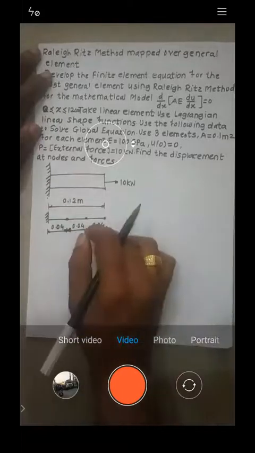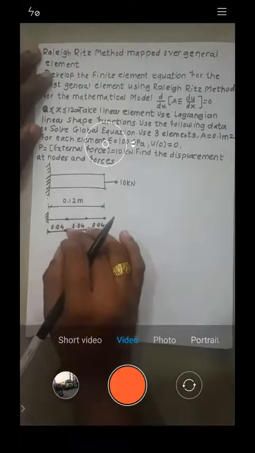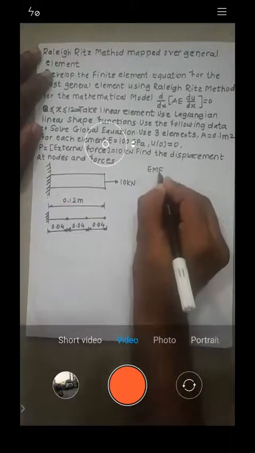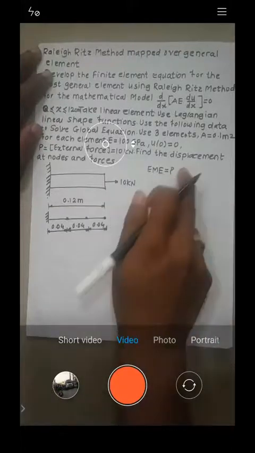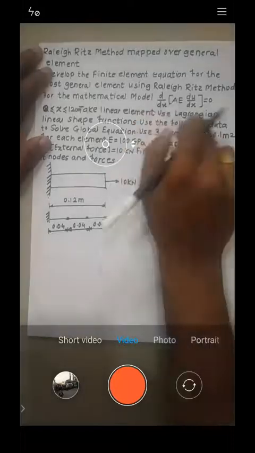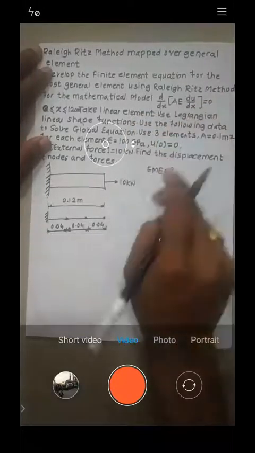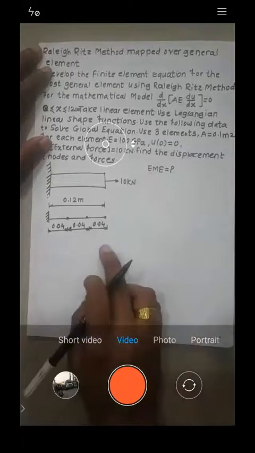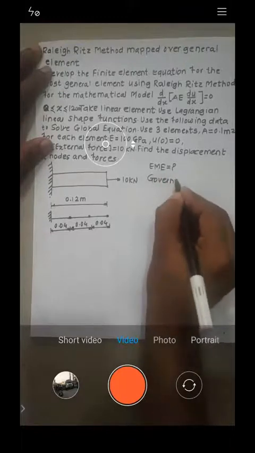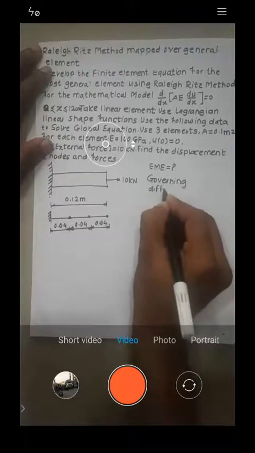Now to solve this problem, you should know the element matrix equation. Whether you know the element matrix equation? Because we don't know from which field this problem belongs. So from the governing differential equation we should calculate the EME, the governing element matrix equation.